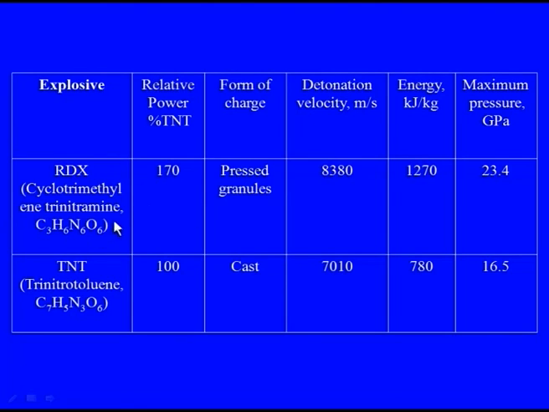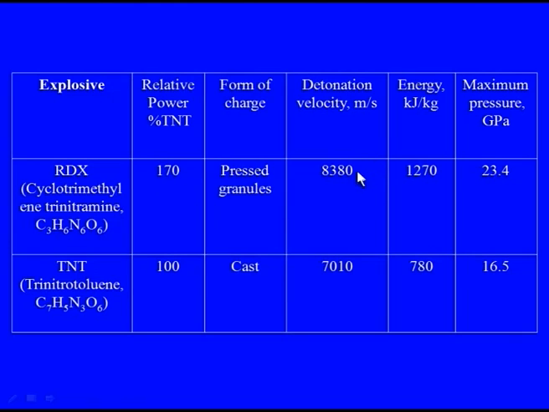Then a very popular explosive is RDX, whose chemical name is cyclotrimethylene trinitramine, C3H6N6O6, and this has a relative power with respect to TNT of 170 percent, and it can be found in the form of pressed granules.